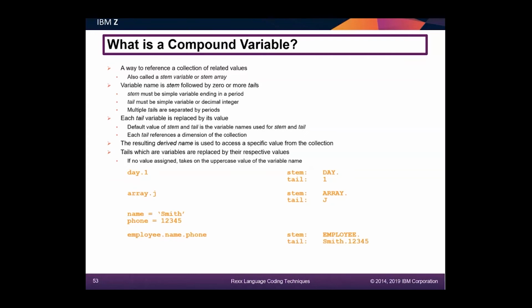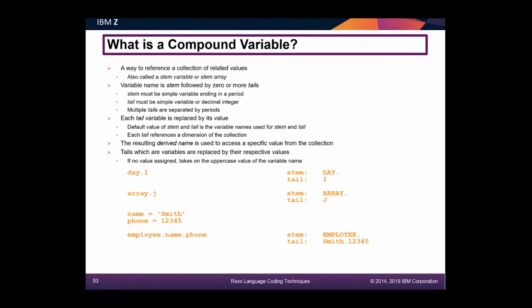The variable name is actually the stem followed by some number of tails, okay? The stem actually is just a simple variable that ends in a period, and then the tail is the one or more variables on the end. You can have multi-dimensional arrays, if you will, because you can have multiple tails. So it's not just simple arrays, you can have multi-dimensional arrays as well.